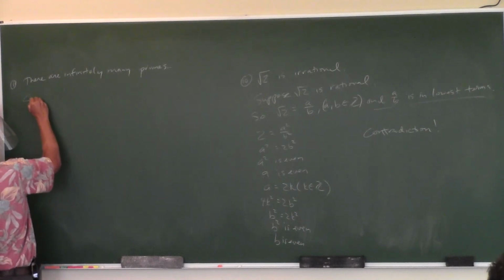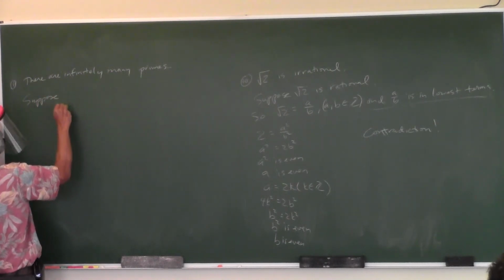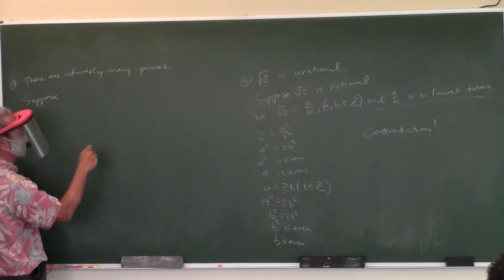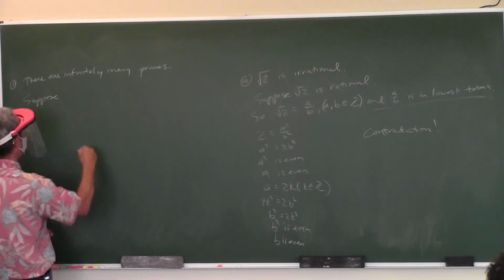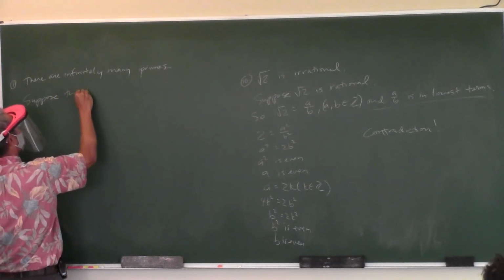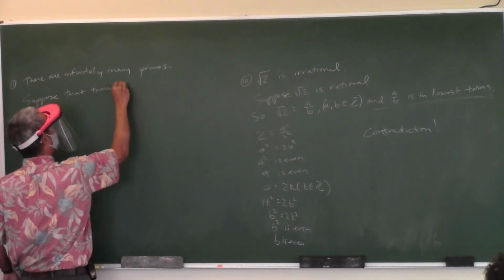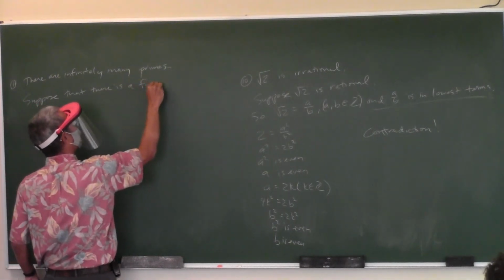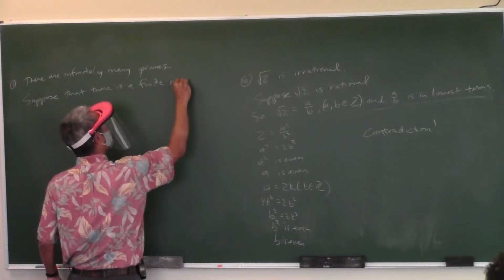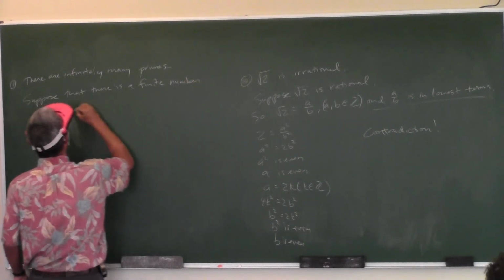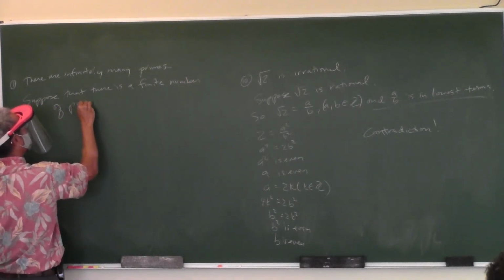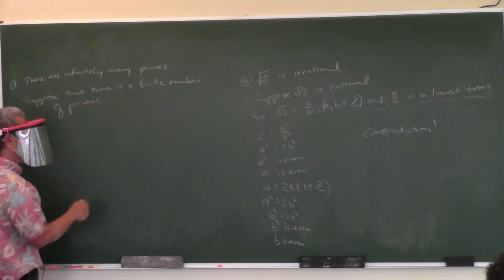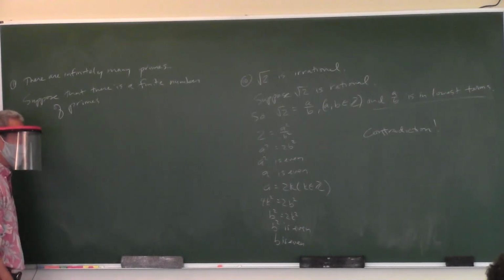So the first step is suppose, what? That there's a finite number of prime numbers. So suppose that there is a finite number of primes. Well, this guy Euclid, he's pretty clever.